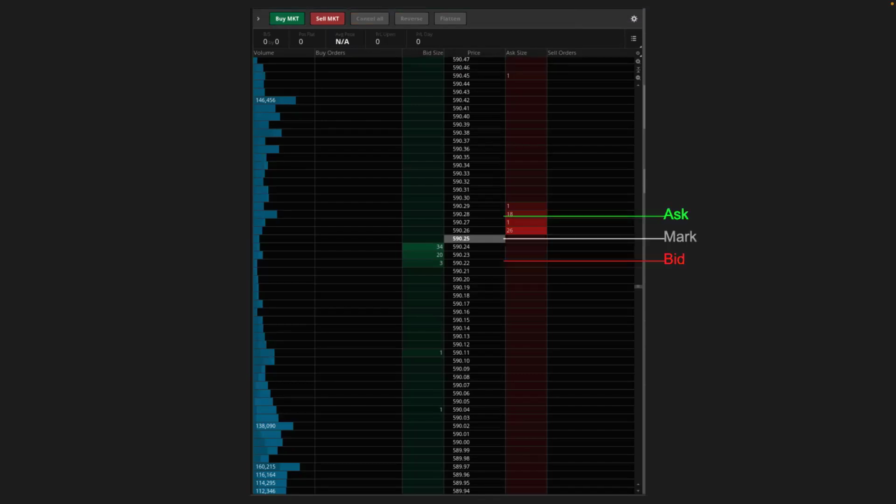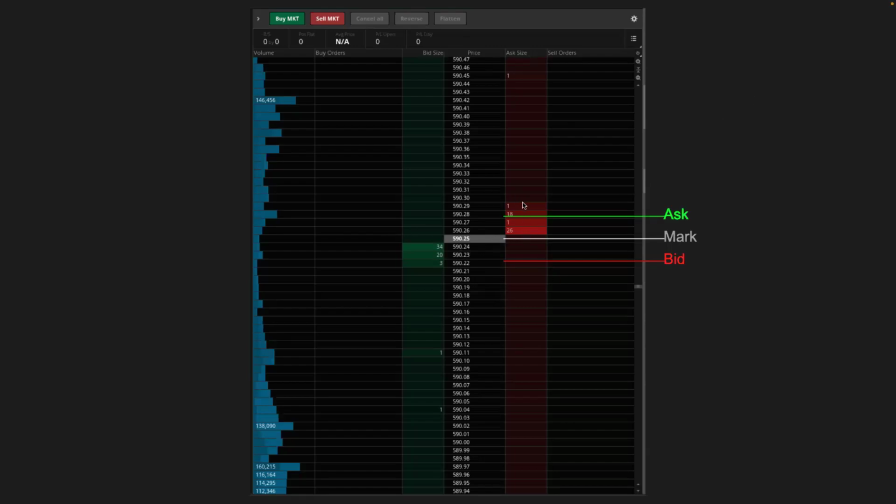Here you can see that we are looking at SPY, the S&P 500. This was from earlier today, around 11 PST. And the mark is 590.25. Anything over the mark is going to be either ask or over ask, and anything under the mark is going to be bid or underbid. So in this specific instance, you are able to see.